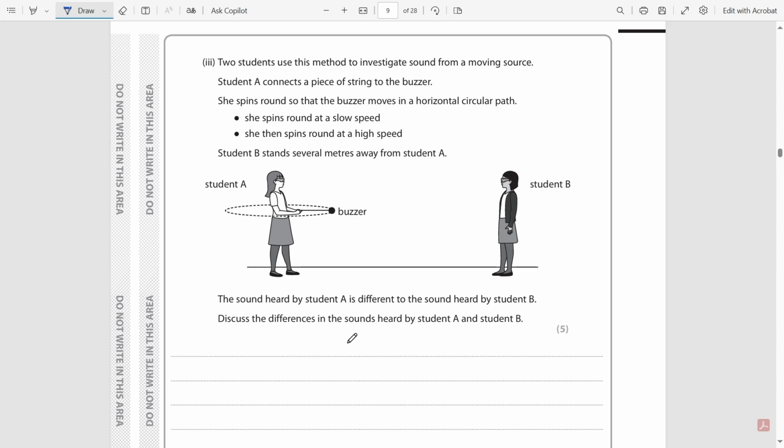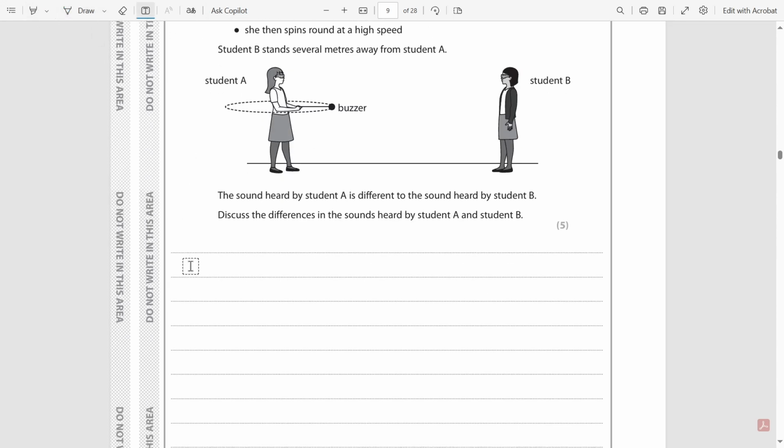Okay, we have a lot to write about here, so let's write. So let's talk about loudness first, because that's easier. The sound heard by student B will be louder. We don't need to explain why, guys, because I explained why.